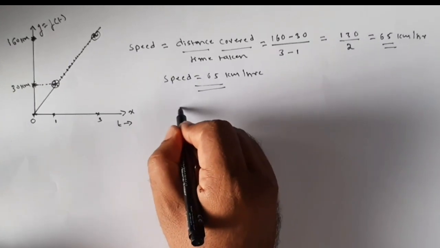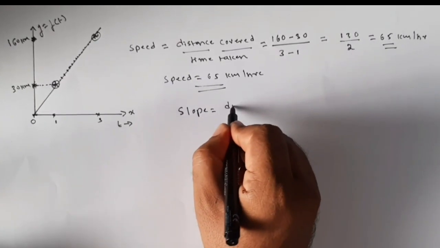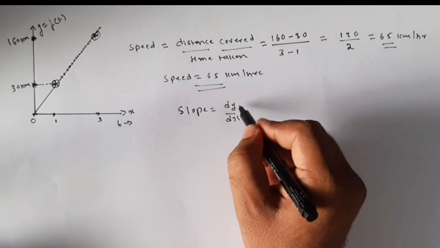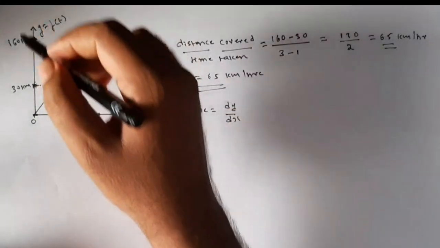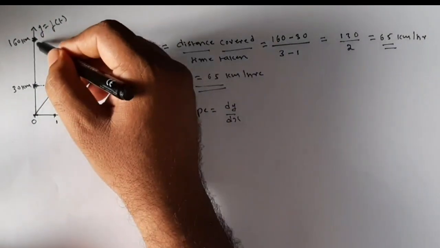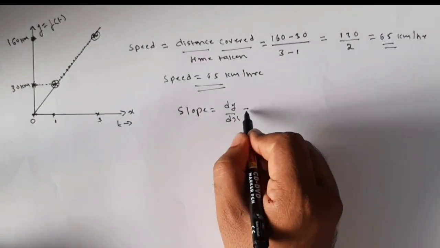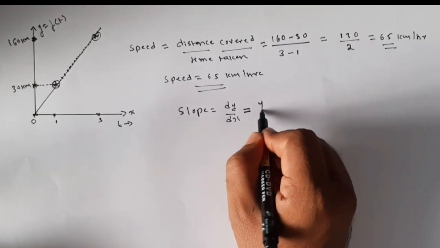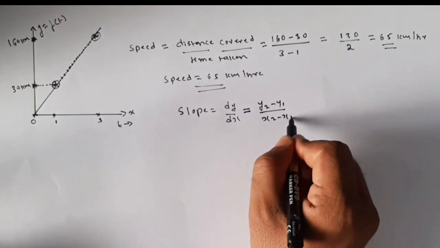Slope is equal to dy by dx, that is the rate of change of y with respect to change in x. So in this example, it is the rate of change of distance covered with respect to time. If you want to find the slope of a straight line, we know that the formula is y2 minus y1 divided by x2 minus x1.